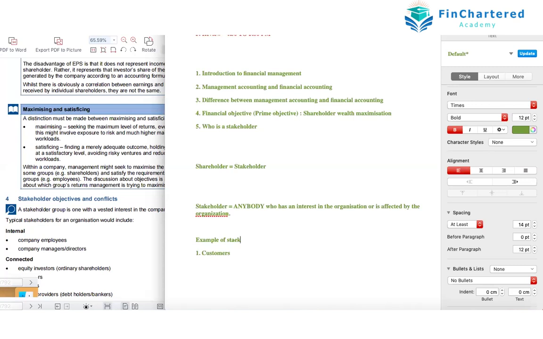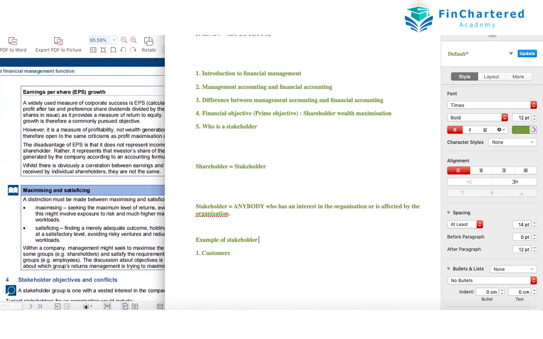Who else do you think will have an interest in the company? I want you to use your mind to think who else do you think will be interested in a company? Employees, the staff that work here in Finchartered Academy obviously are interested because they work here, they get a salary. So employees would be stakeholders.